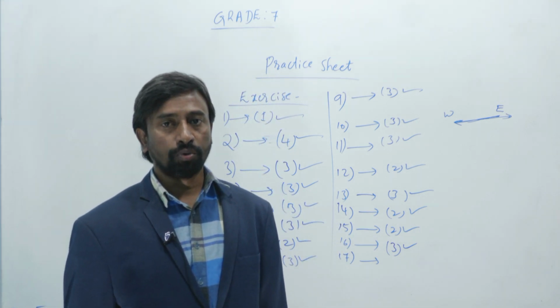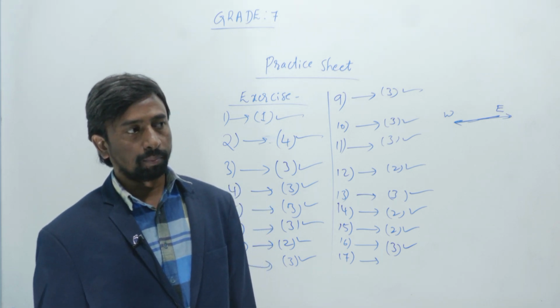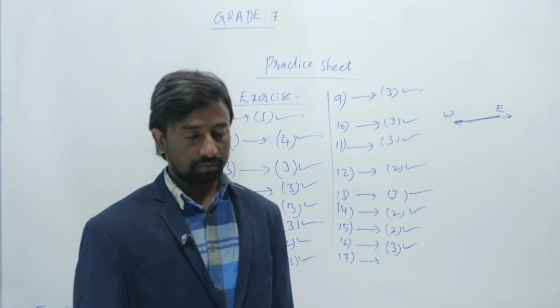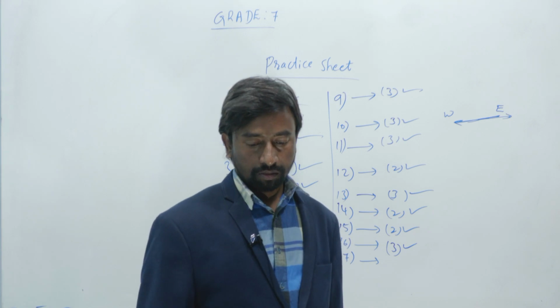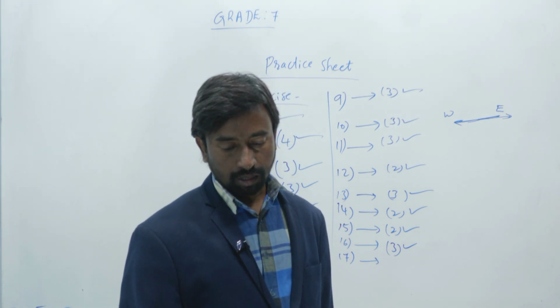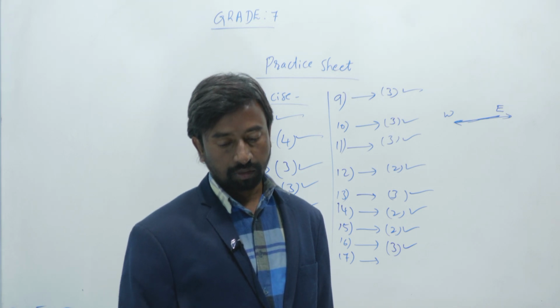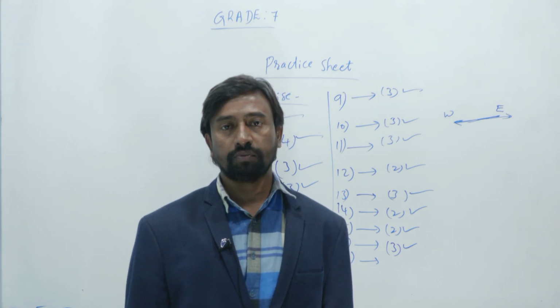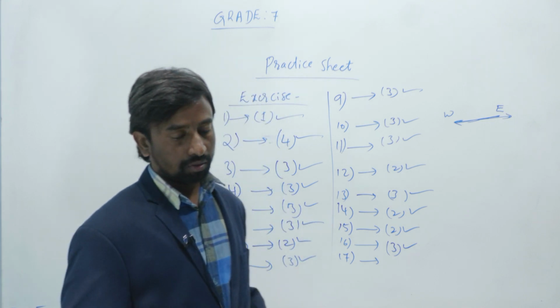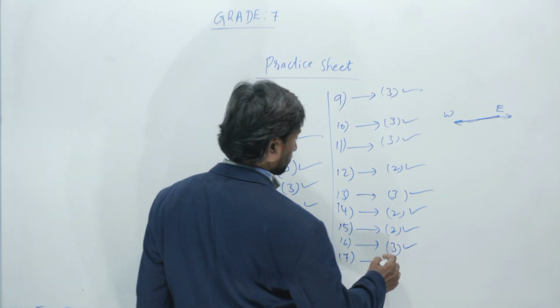If the horse is pulling the cart, it applies the force on the earth with its legs. Options are given: ground on the cart, horse on the ground. The horse applies the force on the ground, so the 17th one is option 3.